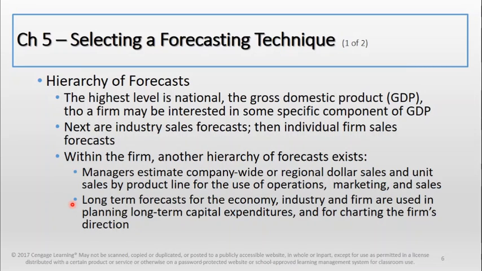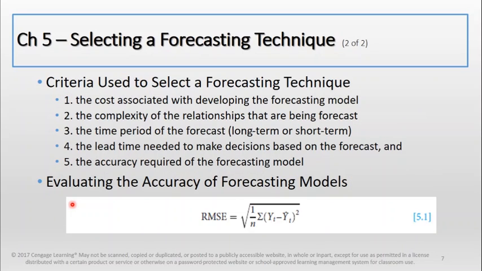Now, what are the criteria that you need to take into account when you are to select a forecasting technique? As I mentioned, there are a lot of different techniques as mentioned in the overview. There are some techniques that are simple and inexpensive to develop and use and best suited for short-term projections.